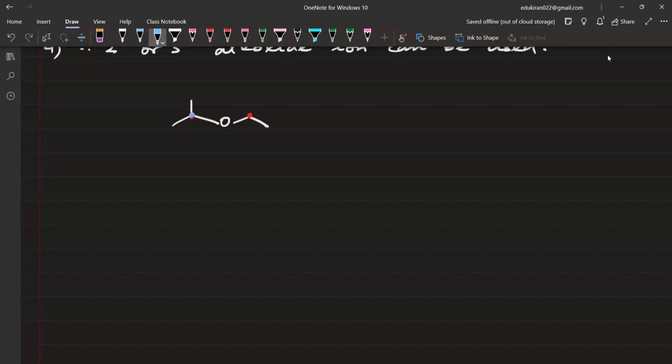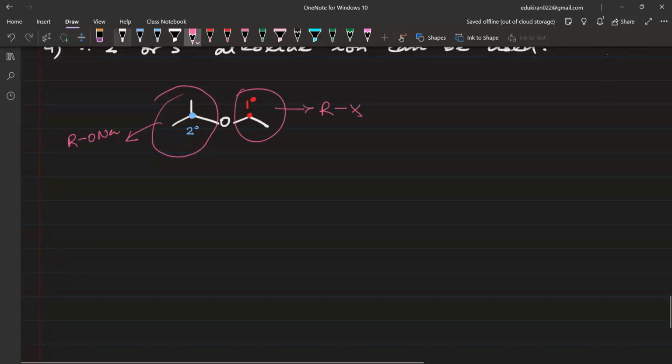Let's suppose इसको blue कर दिया हमने। This blue carbon atom is 2 degree, and this red one is 1 degree. ठीक है, so this alkyl group which is 2 degree should come from RONa। और ये जो आपके पास 1 degree वाला alkyl group है, ये किसके साथ आना चाहिए? This should be coming from haloalkane.